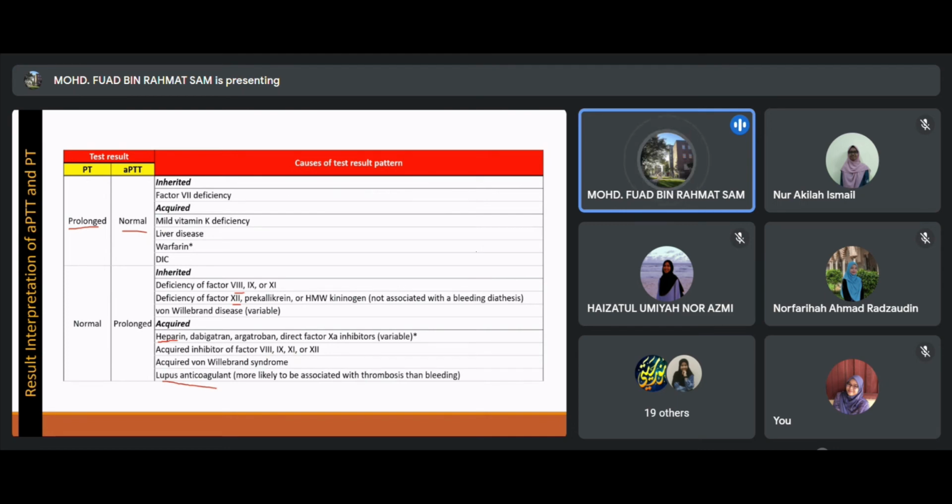Okay, so each of this PT or APTT, bila kita combine result tu, kita boleh dapat the pattern, or kita boleh interpret the pathological conditions of the patient.